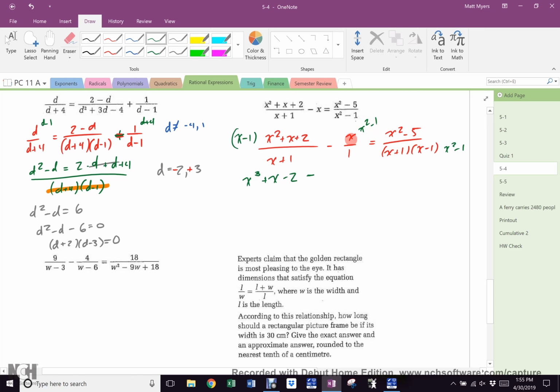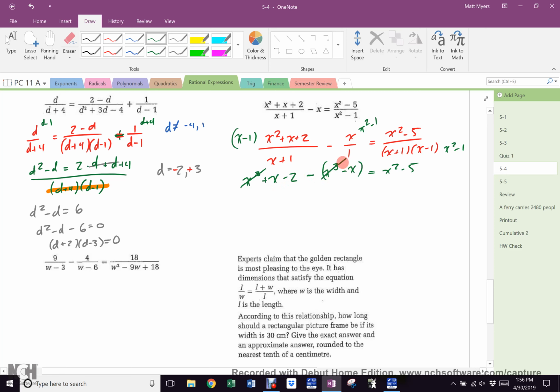So this becomes minus x to the third, minus x. Remember, this is minus this whole thing. So what's going to happen to that negative? It's going to become positive, isn't it? Equals x squared minus 5. I haven't even written the denominator. So now I have x cubed minus x cubed. That's good, isn't it? Because we don't like x cubeds. They're gone. x minus x is what?